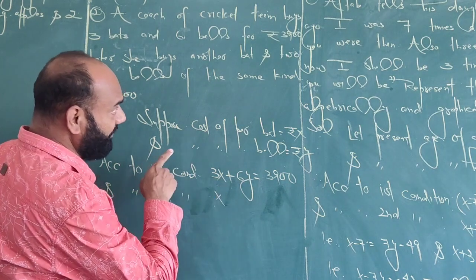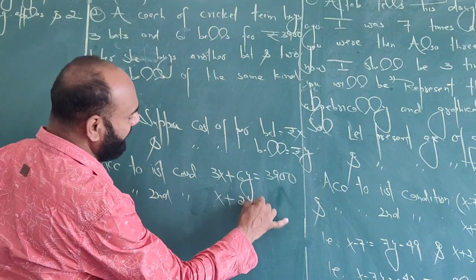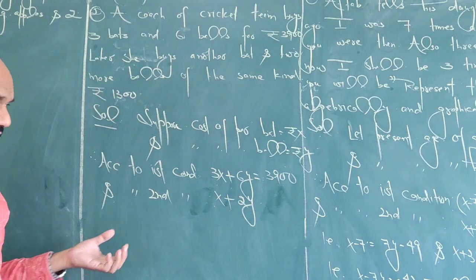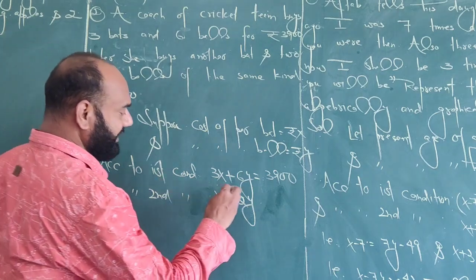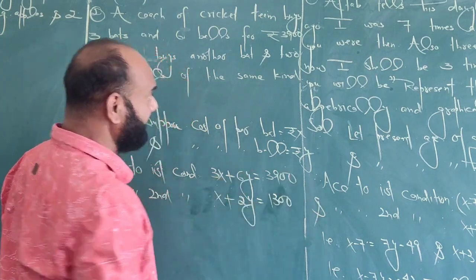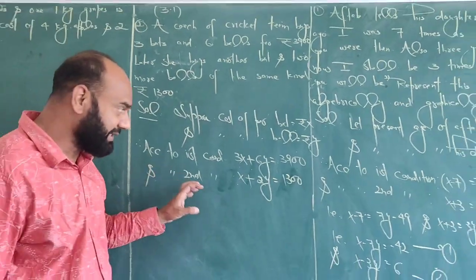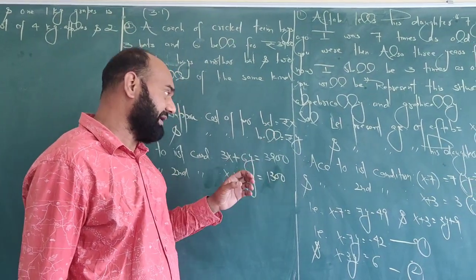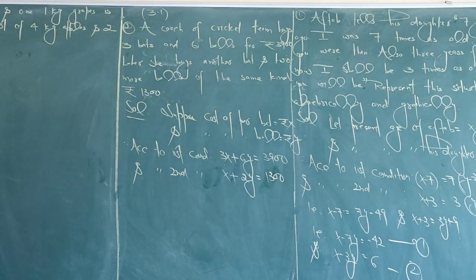That is, the cost of 1 bat is x and the cost of 2 balls is 2y, and the combined cost of 1 bat and 2 balls is ₹1,300. Therefore, x plus 2y is equal to 1,300. These two algebraic expressions can be represented by the graphical method, and again it can be solved easily by the graphical method.